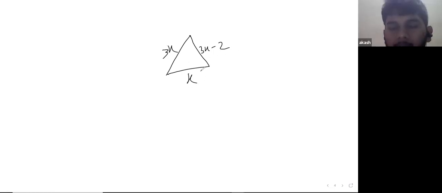So, sir, it's a perimeter, so I took the shorter side x, so the longest side will be 3x, and the third side will be 3x minus 2. Sum of all the sides is equal to 61, perimeter.